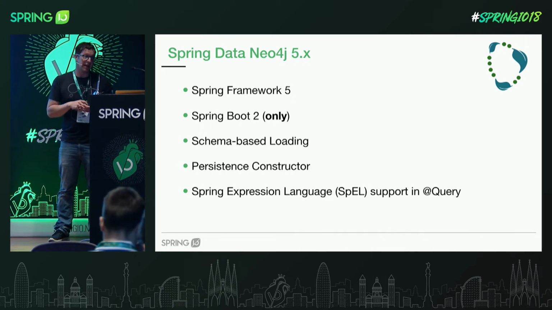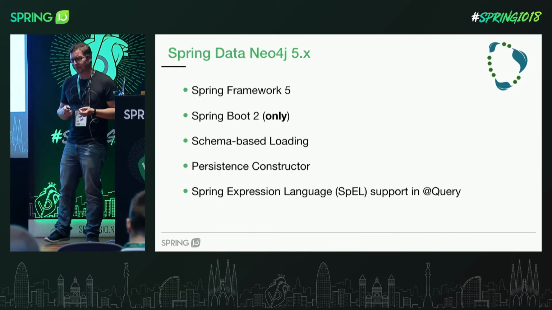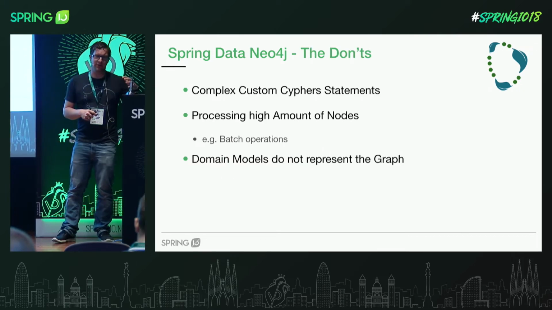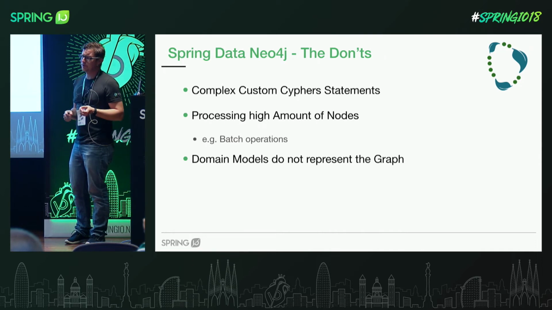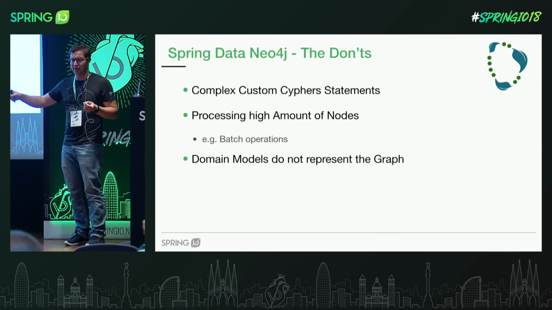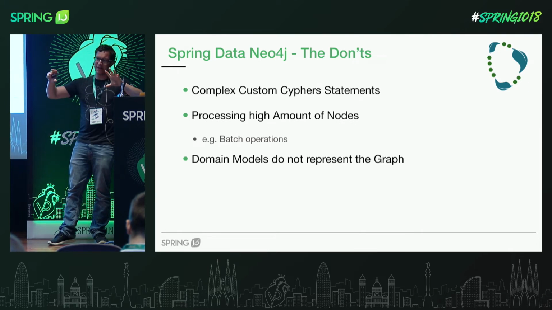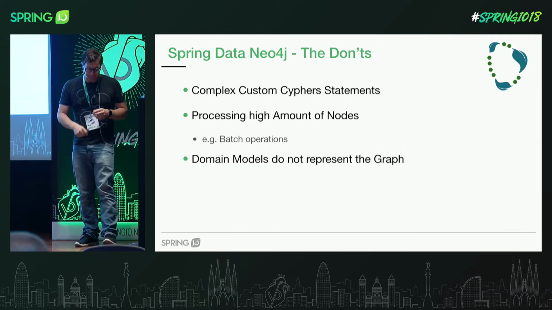So I do think Spring Data Neo4j is a good way to interact with your data, but there are also a few cases where you should reconsider the choice of Spring Data Neo4j or even OGM in the back, because as you just saw, Spring Data Neo4j is more this convenient layer that instructs OGM how to work.